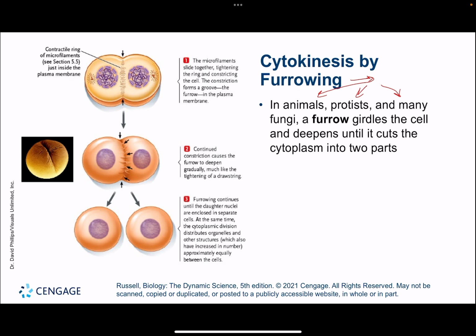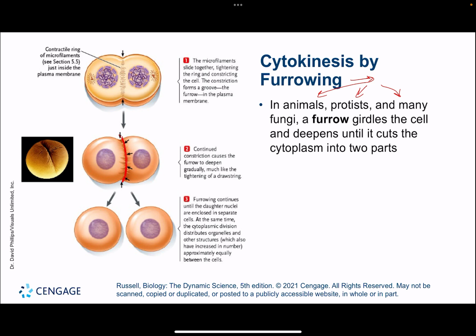The location of the cleavage furrow is determined by the mitotic spindle, and this ensures that division occurs at the midpoint between the two daughter nuclei. And then a contractile ring will form, this thing that we call the contractile ring.